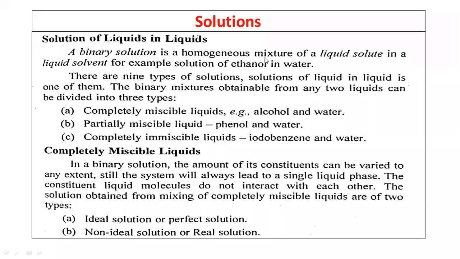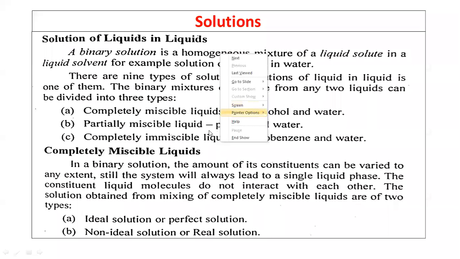Solutions of solids in liquids, and solutions of gas in gas. There are a number of types of solutions. But in this topic, I would like to discuss solutions of liquids in liquids.